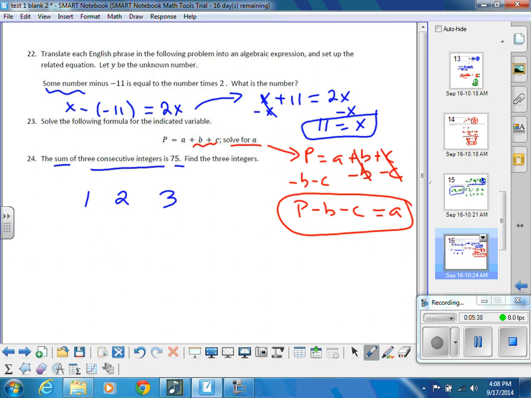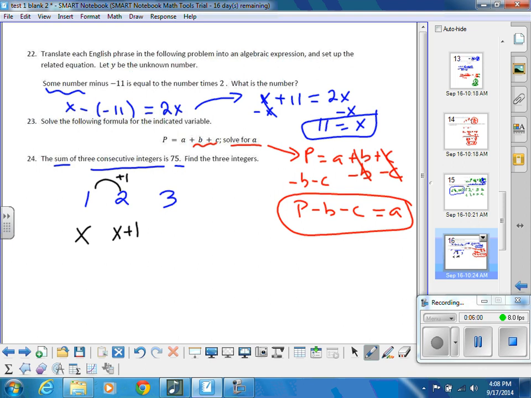So if I use a variable to represent 1, let's say x. And how do I go from 1 to 2 mathematically? With addition, not with multiplication. So to go from 1 to 2, I add 1. Okay? So the 2 is represented by x plus 1. That's always the case.